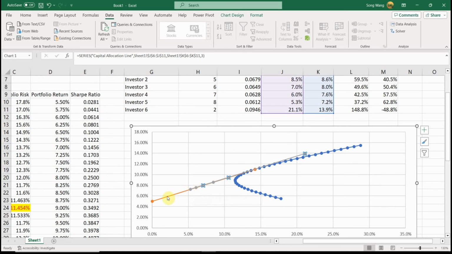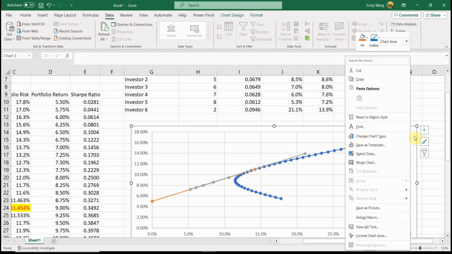That means they would get less risky and more risk-free. So you can see that their return will be lower. This dot has a lower return compared to all the other dots along the gray curve, and this dot also has the lowest risk compared to all the other dots indicated by other investors.